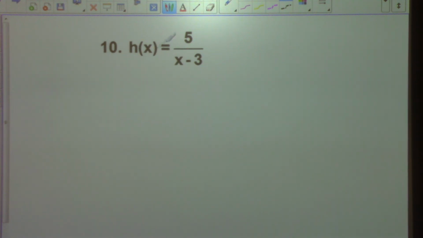Now this one right here, what is the domain of this function here? Also it says test graphically. We're going to look at that too. What is our domain of this function? Negative infinity, okay, so that's like the start, right?